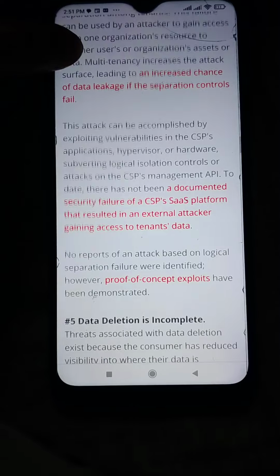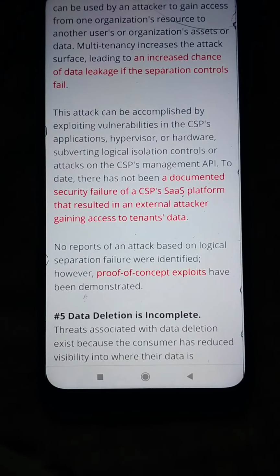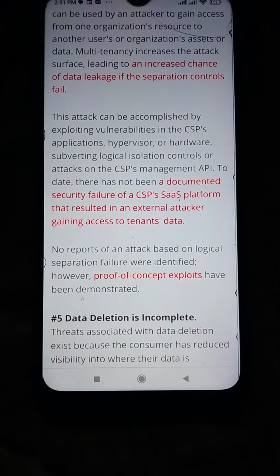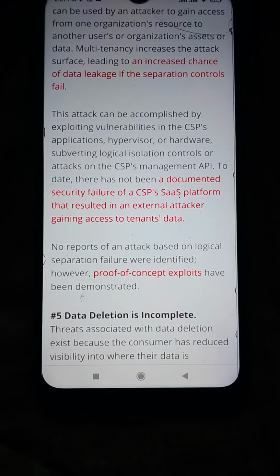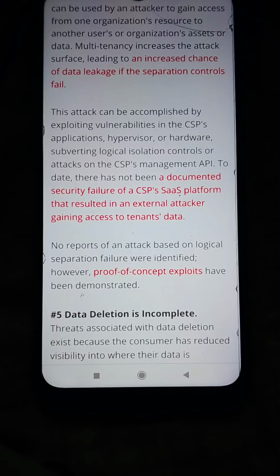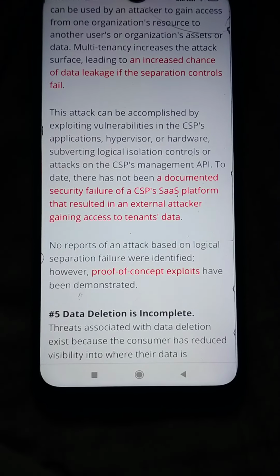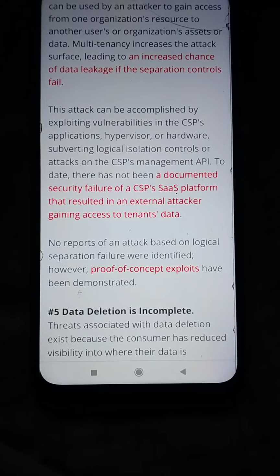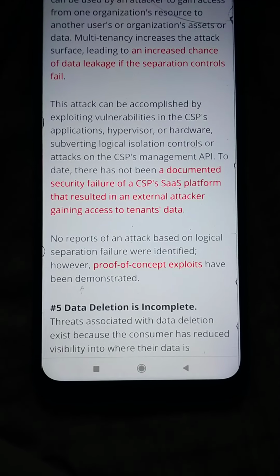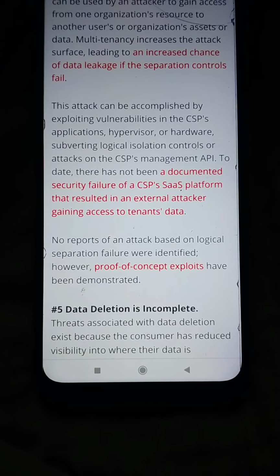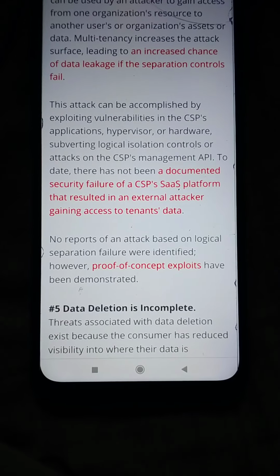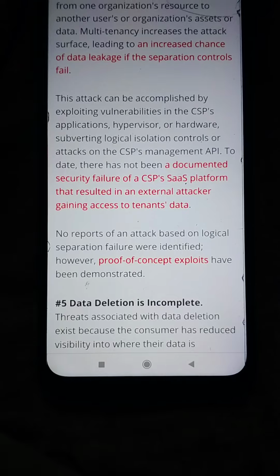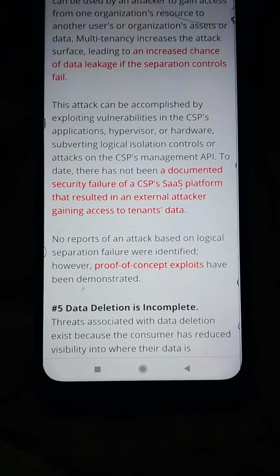This attack can be accomplished by exploiting vulnerabilities in the CSP application, hypervisor, or hardware, subverting logical isolation controls, or attacks on the CSP's management API. To date, there has not been a documented security failure of a CSP's SaaS platform that resulted in an external attacker gaining access to tenants' data.